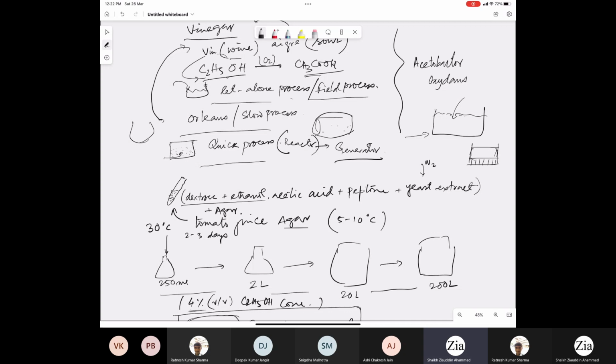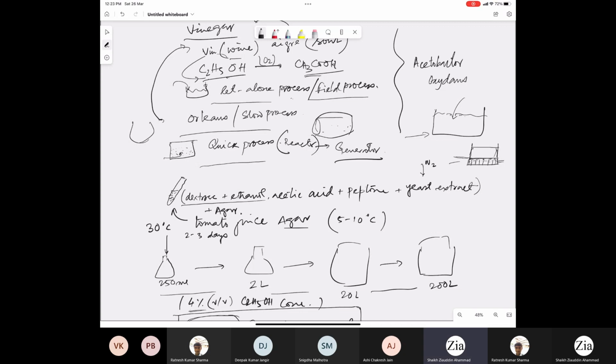False bottom means a perforated plate, and the perforated plate and the side walls are kept in such a way that whatever liquid is coming through this perforated plate to the bottom section will just follow a different pipeline, and above the liquid you have some holes on the reactor. So air will just pass through these holes due to natural convection and it will try to aerate the liquid.